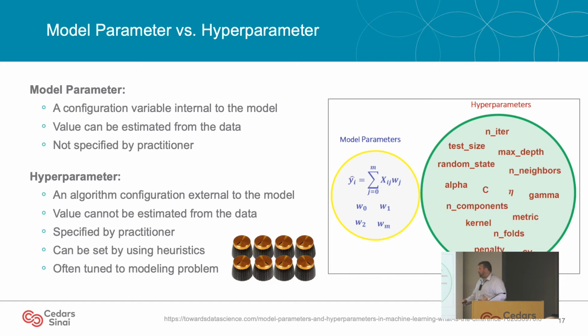A hyperparameter, on the other hand, is an algorithm configuration that is external to the model itself. It's sort of like a setting or a knob that you can tune to adjust how the algorithm functions. You can't really estimate its value from the data directly, and it is specified by the practitioner, whoever's running the machine learning. You can figure out good settings using some general heuristics, and this is often something that needs to be tuned during the modeling process. We need to figure out the right settings of hyperparameters to get the most out of our models.